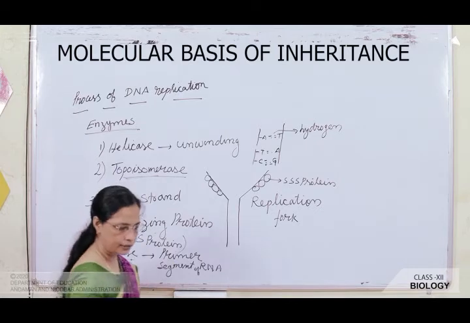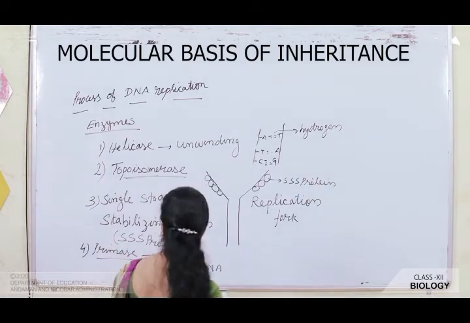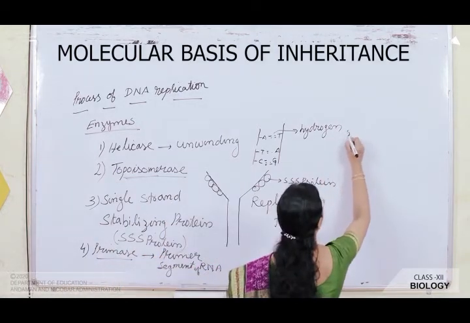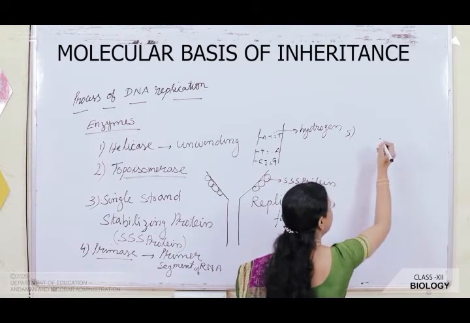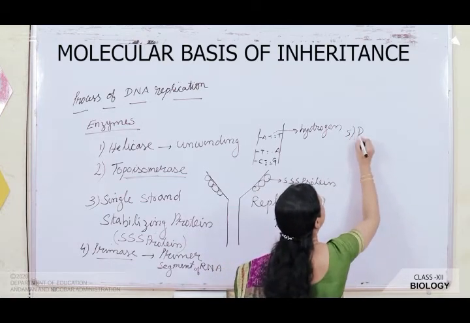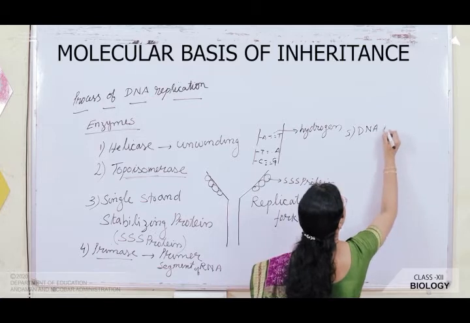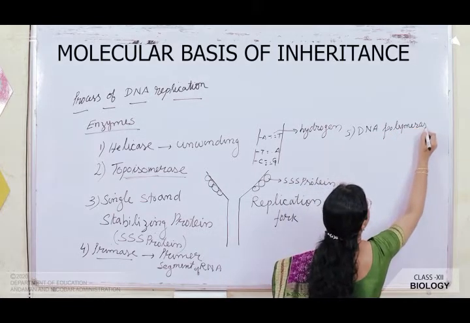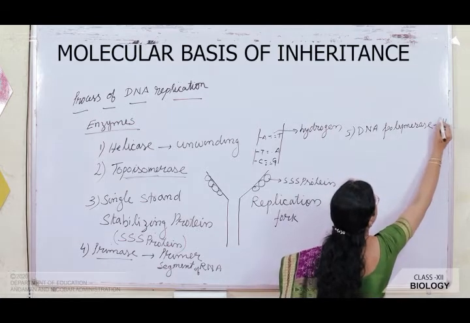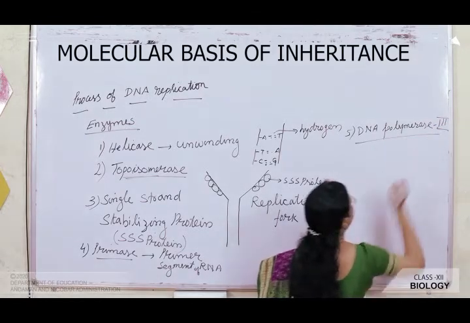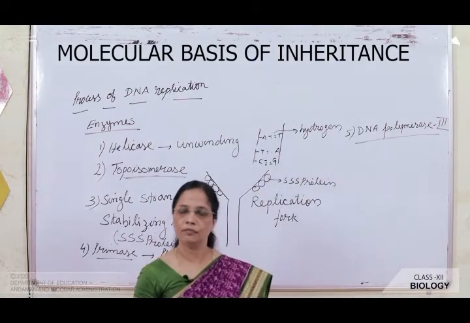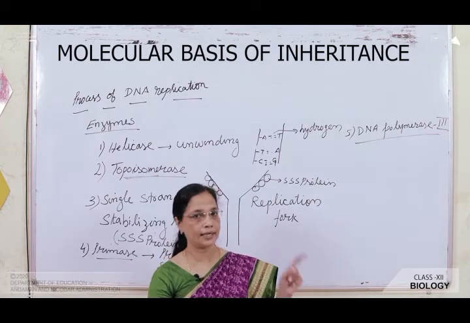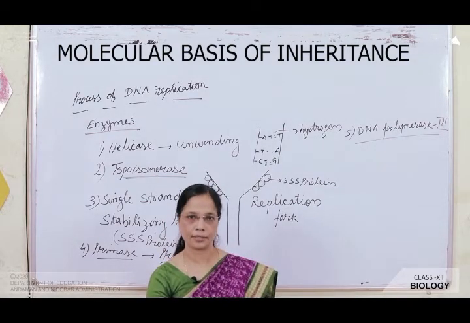The fifth one is the main enzyme, that is DNA polymerase. DNA polymerase 3, which is the main enzyme for the process of replication, which is also known as DNA dependent DNA polymerase.